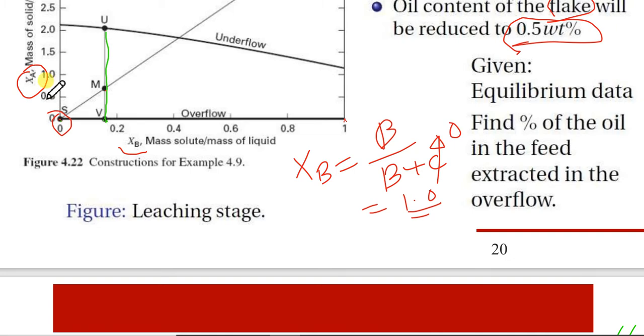So now what happens here? In the underflow we'll have this much of XA. In the underflow we have solid also, right? So the ratio of the solid to liquid is 2.05, something like this.